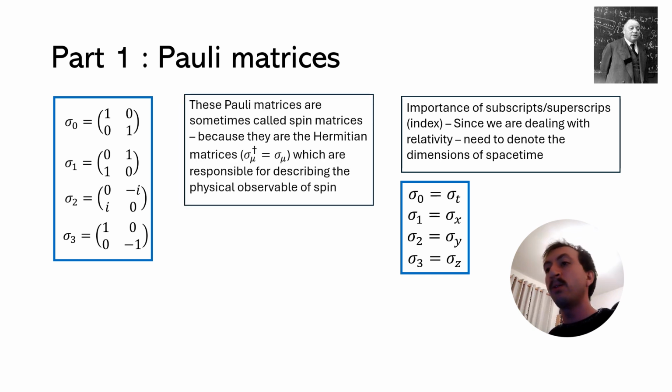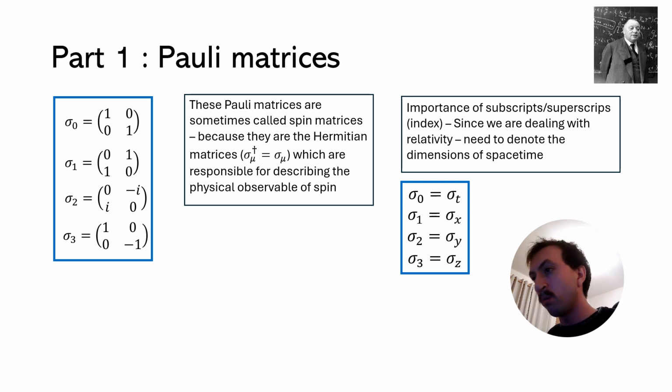And the Pauli matrices are Hermitian matrices, because if we take a Pauli matrix and take its Hermitian conjugate, we get back the original Pauli matrix. We get the Hermitian conjugate by applying the dagger operator on the matrix, and the dagger operator transposes it, so it flips the off-diagonal components, and then turns all the components into their complex conjugate.